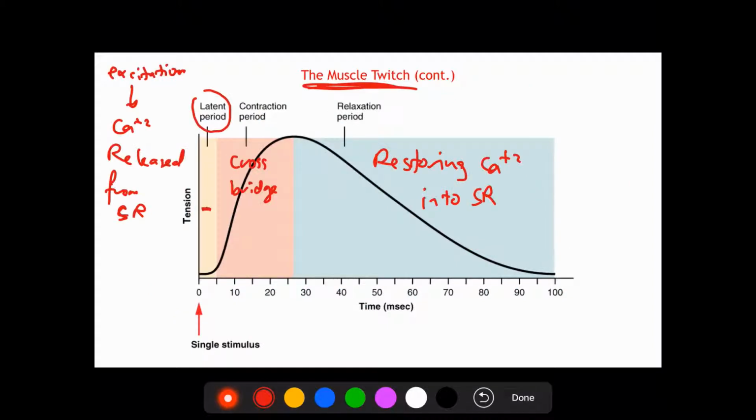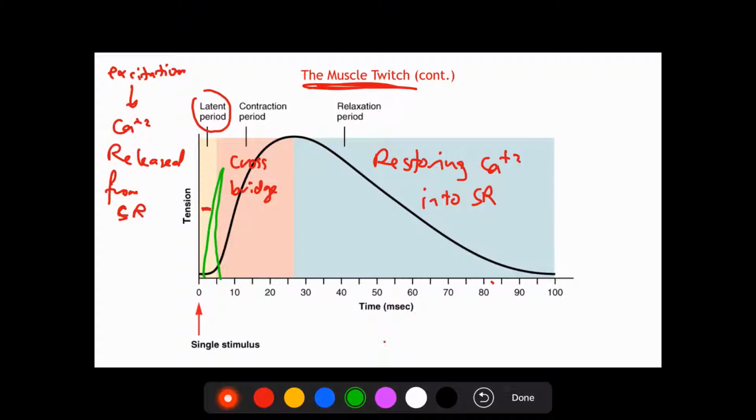So every muscle has the three periods of twitching. The difference is how fast it's going to twitch. Like the eye muscles, they are going to be really super fast, within 5 to 10 milliseconds.